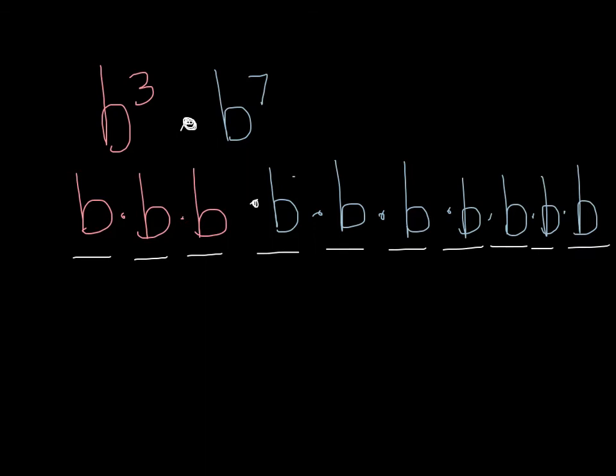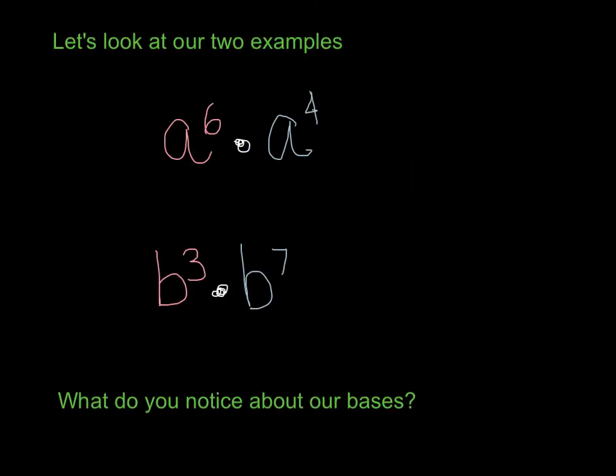So really, what's our base? Our base, I have repeated what? B's. And how many of them do I have? I have 10. All right, to look at our examples. A to the 6th times a to the 4th. B to the 3rd times b to the 7th. Look at the bases. What is our base here?